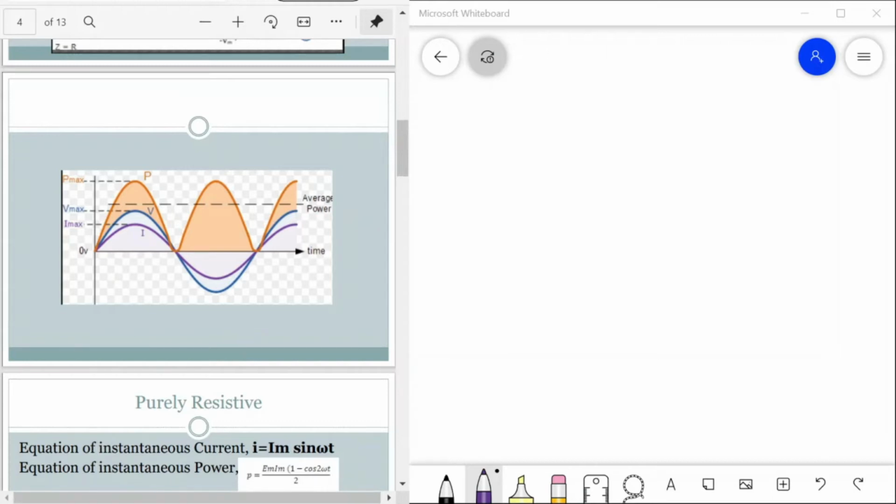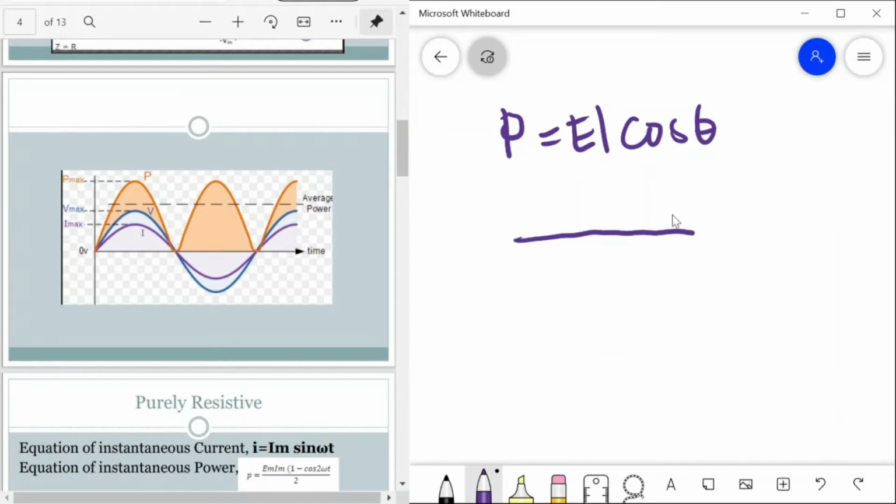That is P is equal to EI cosine theta. Since it is resistive, our voltage and current are in phase. So there is no angle between the voltage and current.